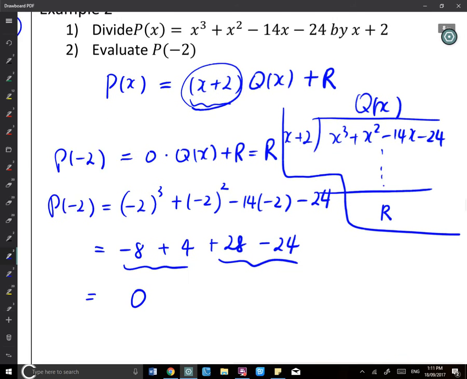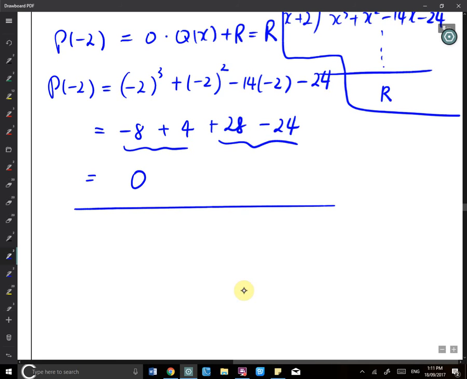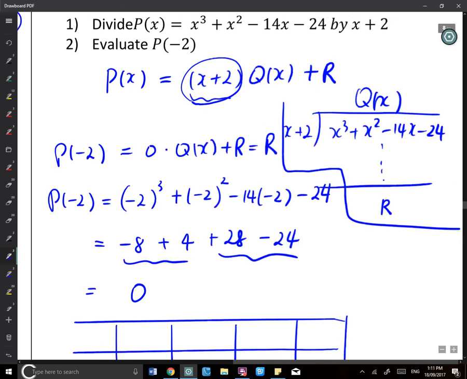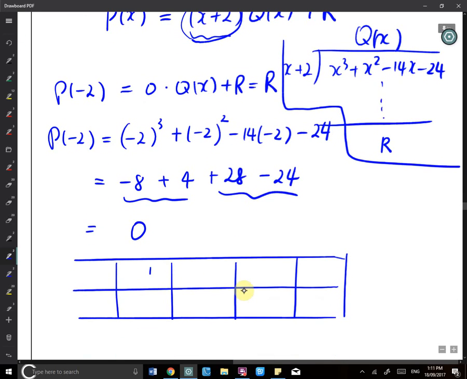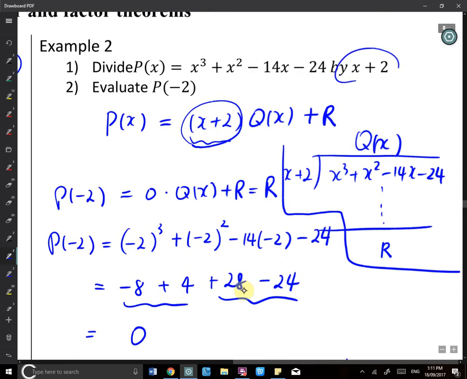Okay, I'll double check it by using the table, just to get a little bit of revision on that. The coefficients are 1, 1, negative 14, and negative 24. The number I want to substitute is negative 2.